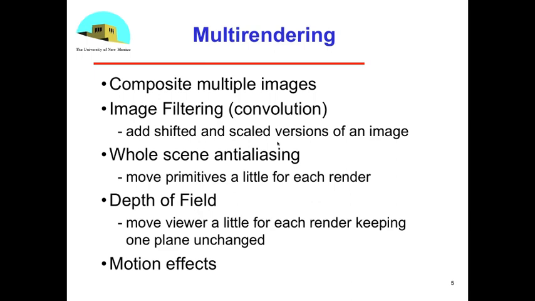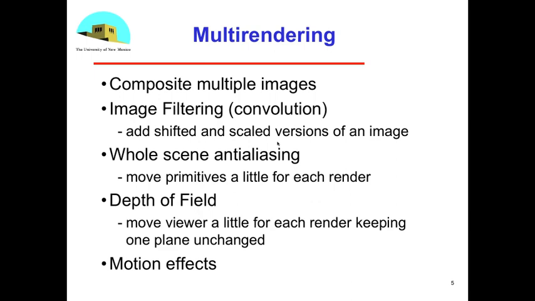A lot of motion effects are like that. If you take a picture of something that's moving and the lens is open for more than a very small fraction of time, you start seeing blur. That blur creates very nice effects that you want at times.